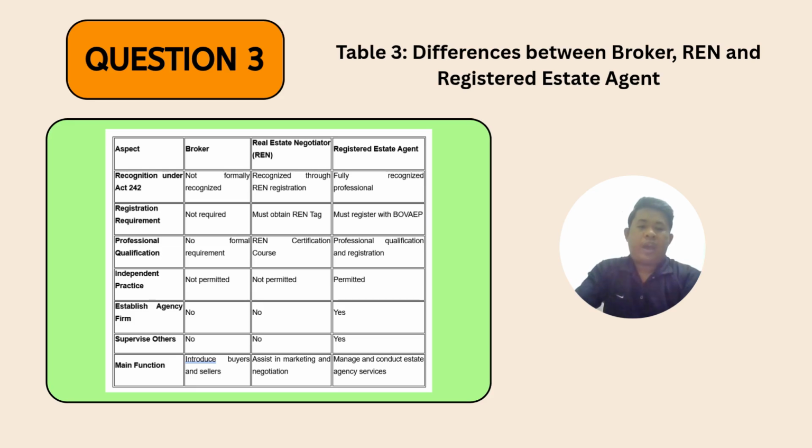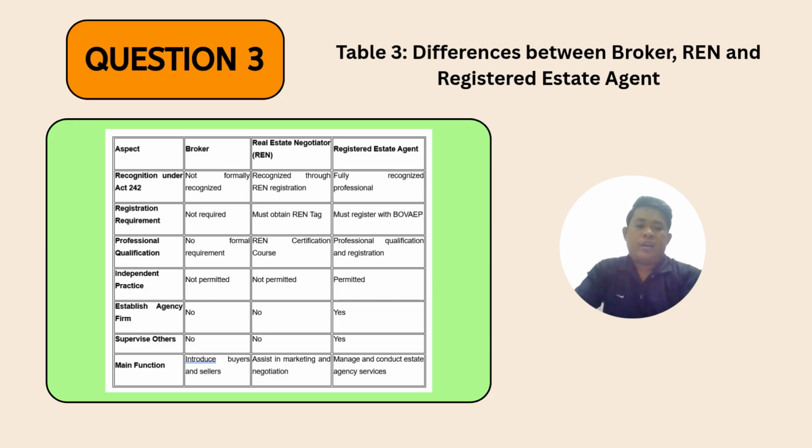In table 3, we have recognition under Act 242, registration requirement, professional qualification, independent practice, established agency firm, supervise others, and main function. The main function for a broker is to introduce buyer and seller. For REN, the main function is to assist in marketing and negotiation.